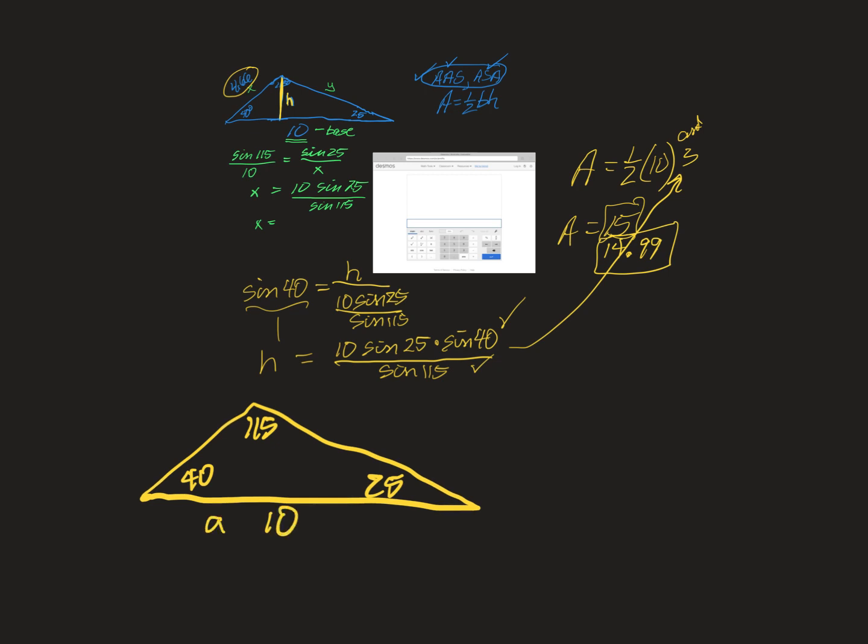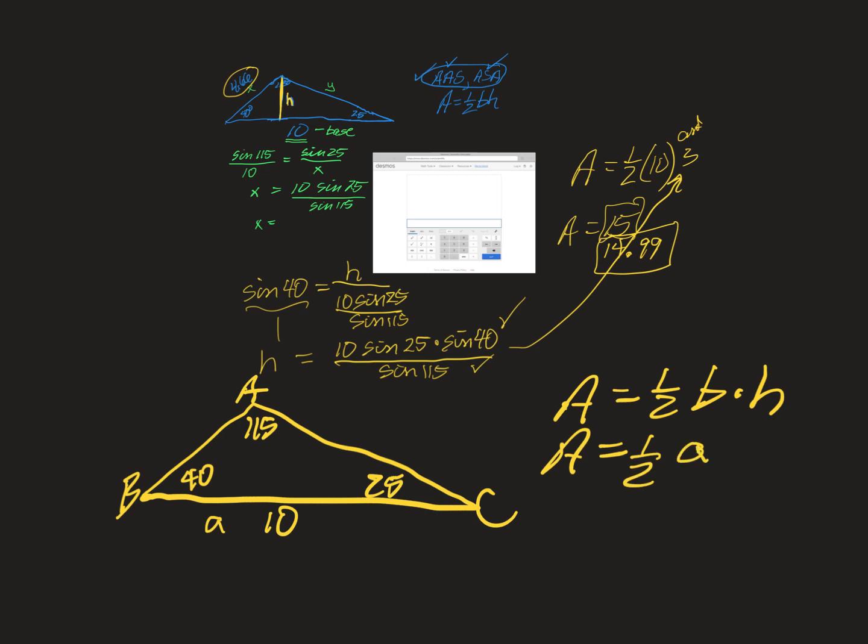So they call this side A, this is angle A, then this is angle B, and this angle C. And so the area becomes, area is 1/2 base times height, but it's actually 1/2 times A in this diagram times A again, and then the sine of B, sine of C, all of this divided by the sine of A. And so this becomes another formula.